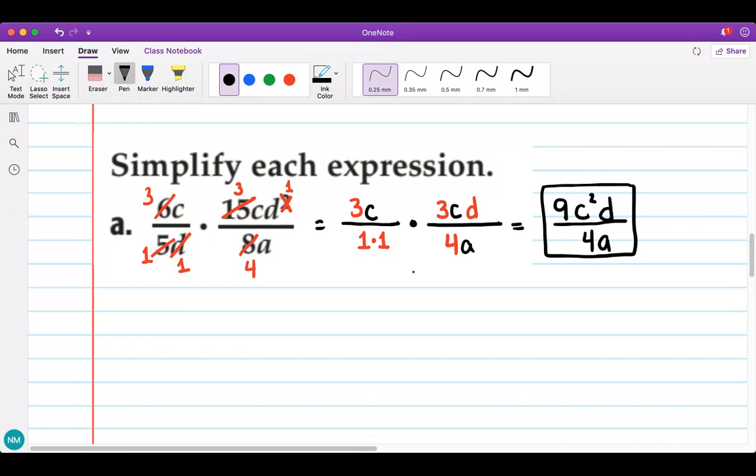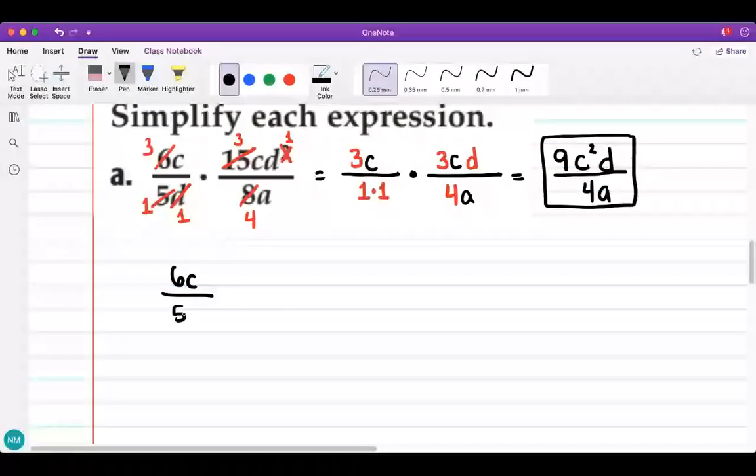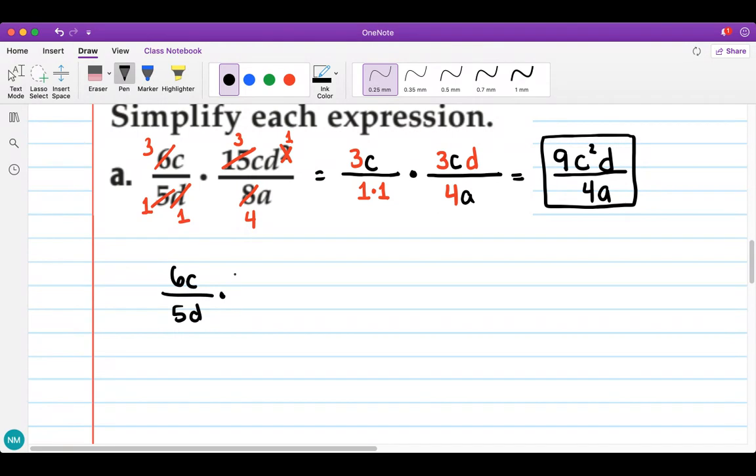Now, what you can do, if you want, is multiply across first and then simplify. So I'm just going to show you what that would look like. Even though this looks like a lot of messiness, I think it saves you a lot of work at the end. So 6 times 15 is, off the top of my head, 15 times 2 is 30, 30 times 3 is 90.